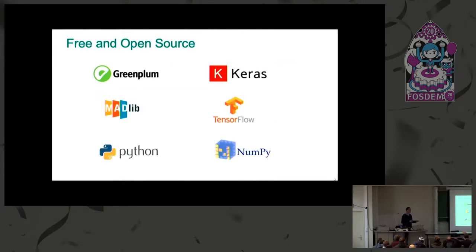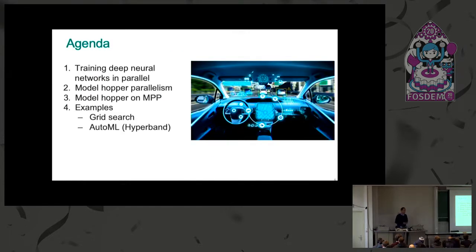All of the software in this project is free and open source. There's no commercial or closed source software here at all, in the spirit of FOSDEM. This is the agenda, what I'd like to talk about today. First, talk about how one could train deep neural nets in parallel.